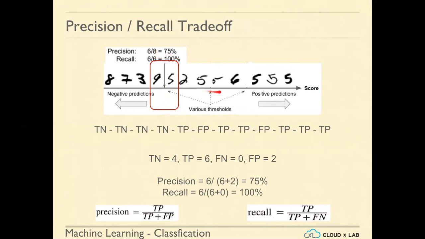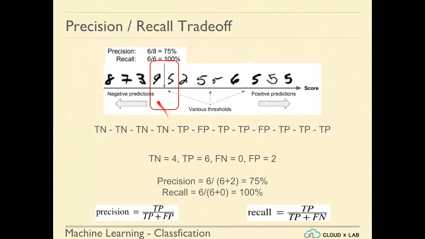we were able to recall all the 5s, though we did make mistakes. Therefore, recall is 100%, and precision is lower, 75%, because we have two things that are classified as 5, but they're not really 5.